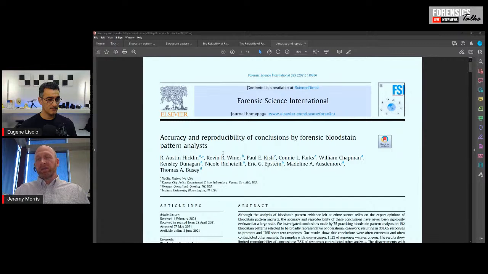So this is, I think, probably the fifth study that came out, but it's certainly the largest study that looked into the accuracy, consistency and reproducibility of pattern classification conclusions. But the answers were very similar to what has been published before, about 11%, about 10%.